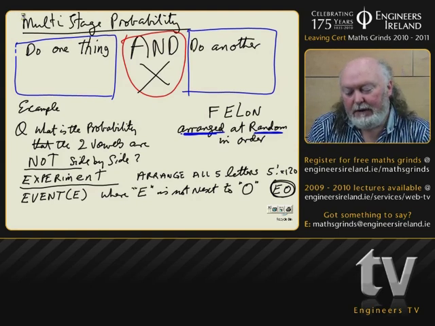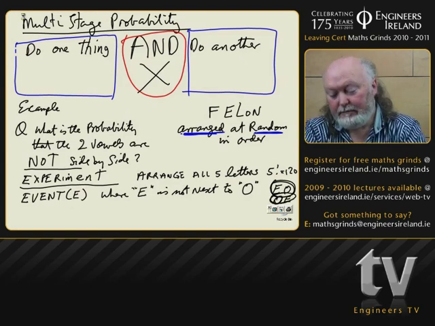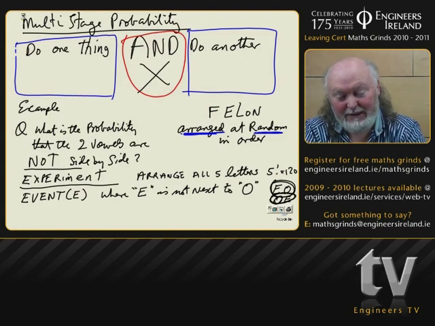But here's the problem. In sticking them together, couldn't I put the E first and the O first, or I could have gone O, E. EO is not the same as OE.